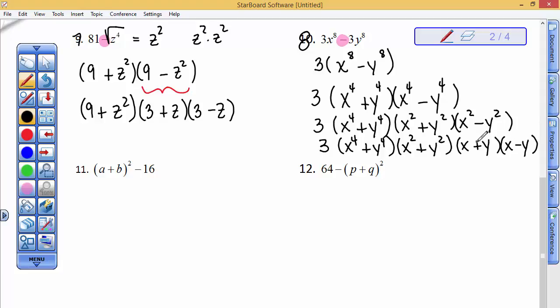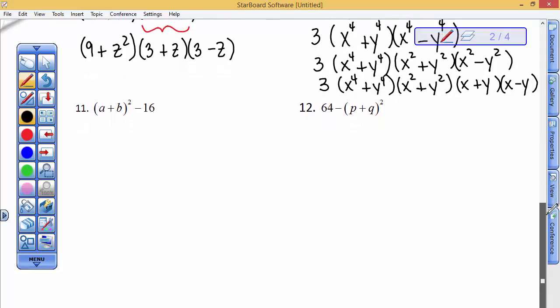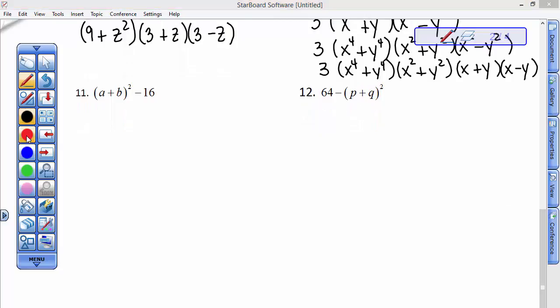Okay, let's look at this. This is called the difference of squares, and I can take the square root of 16. You could just think of this a plus b, you could just call it the letter u. Sometimes we do that. We call a plus b the letter u squared, and then minus the 16. But if u represents a plus b, when I'm all done, I got to put the a plus b back in place of u.